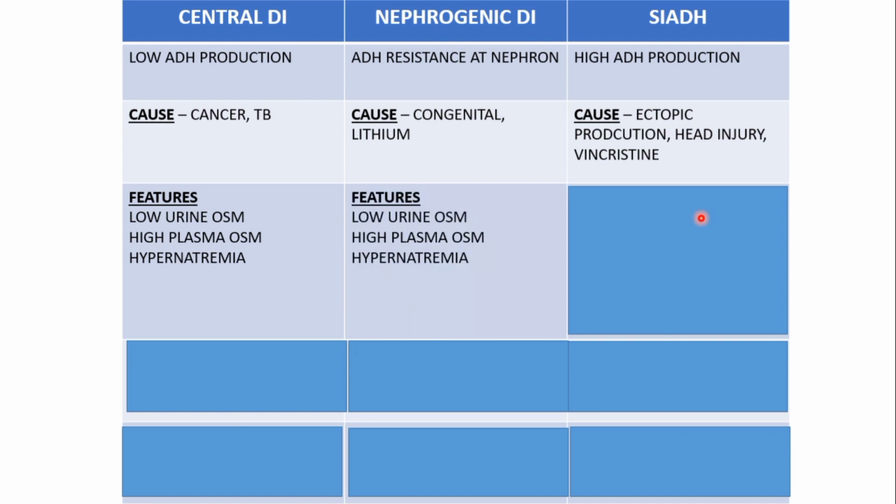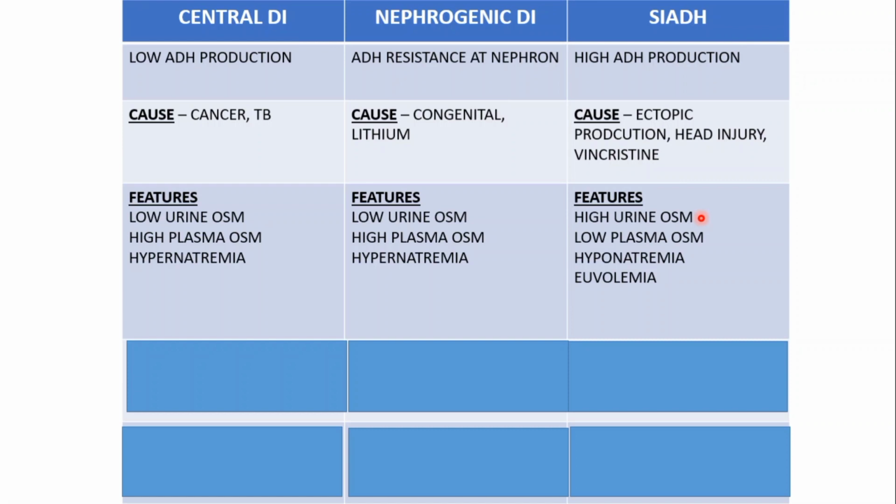In nephrogenic diabetes insipidus, it's the same: low urine osmolality, high plasma osmolality and hypernatremia. In SIADH, there is high urine osmolality, low plasma osmolality, hyponatremia, because there is less water lost in urine and more water is inside the body, so it will dilute the electrolytes.